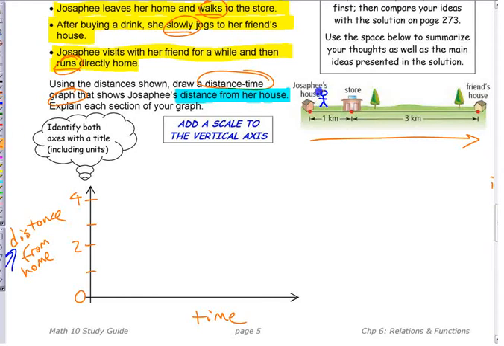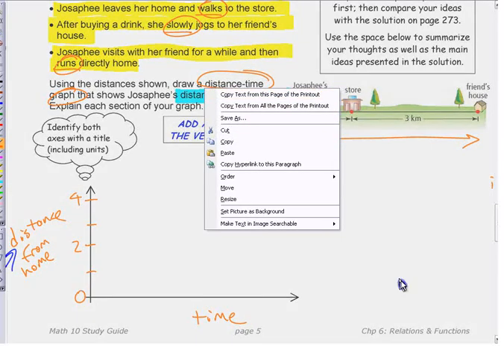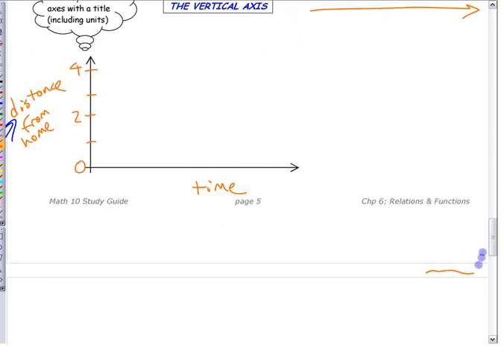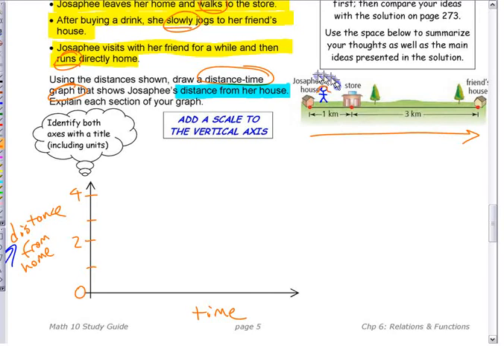I guess we should put some hair on this. She's got orange hair. Okay, here she is at the start.